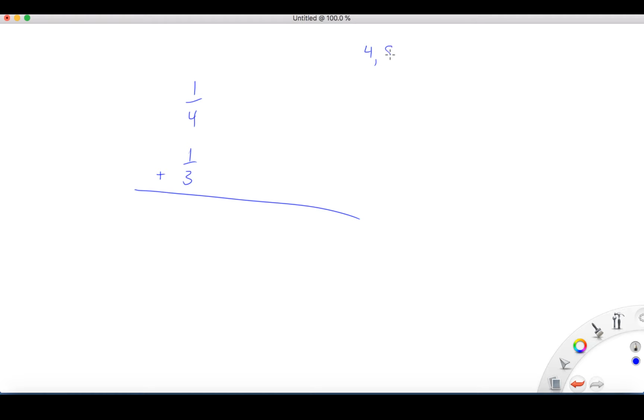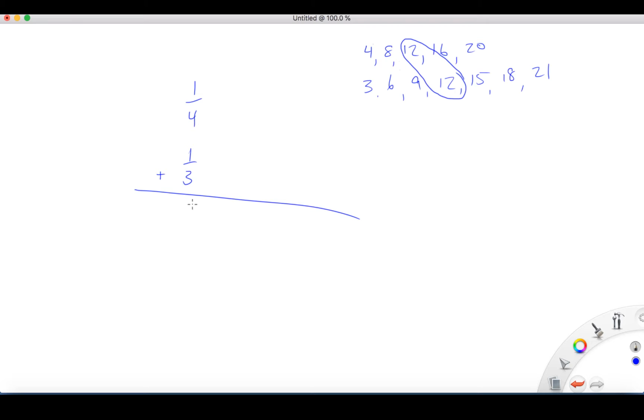Well, we have 4, 8, 12, 16, 20. What are the multiples of 3? It's 3, 6, 9, 12, 15, 18, 21. Let's stop there. What's the common one here? Oh, there it is, 12 and 12.